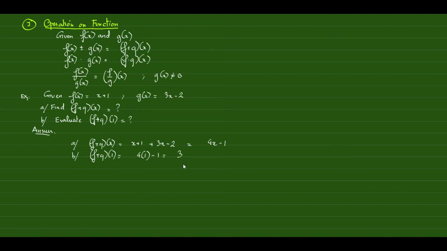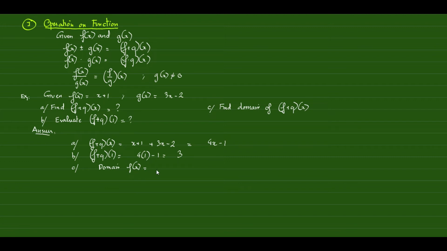Now, what if for part C they ask you to find the domain of the function sum? This one is a little bit tougher, depending on what function you add or subtract. So if you notice, the domain of f of x is a line.